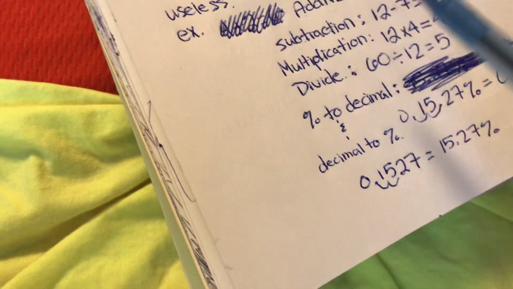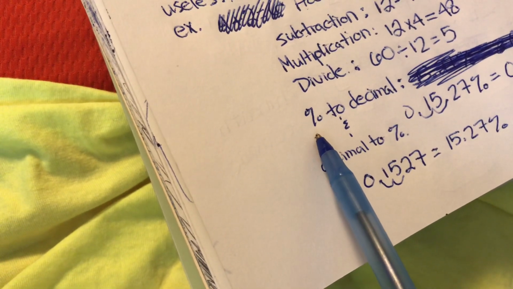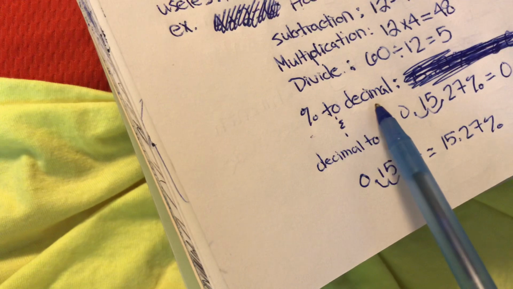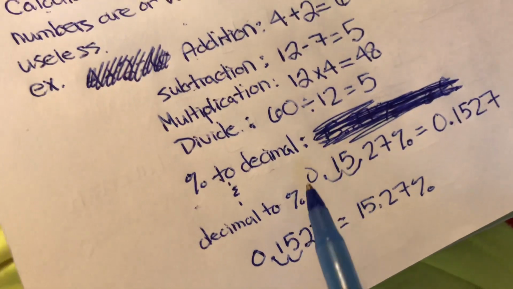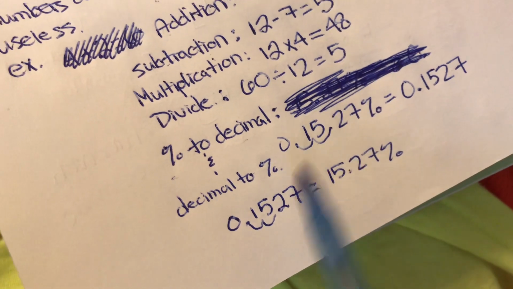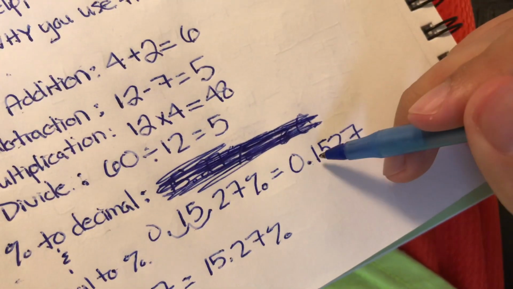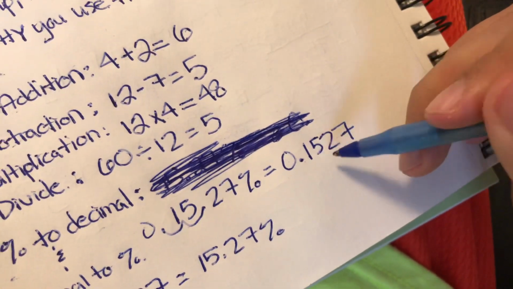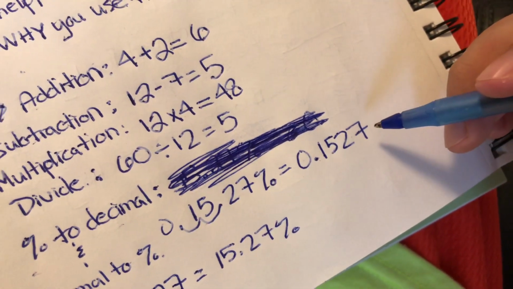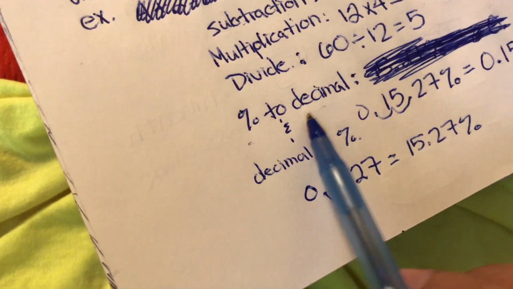Another big one, which I emphasize a lot: you need to know how to change a percent to a decimal. So an example would be 15.27%, and you change it to 0.1527. How do you change a percent to a decimal?